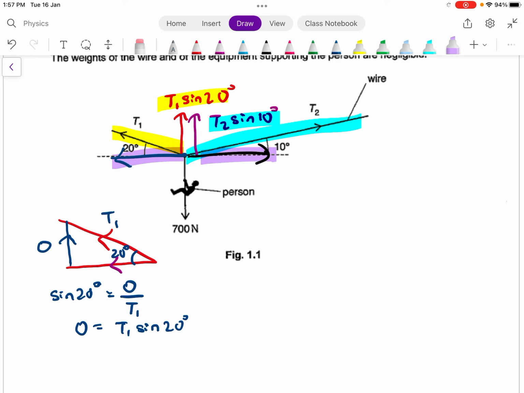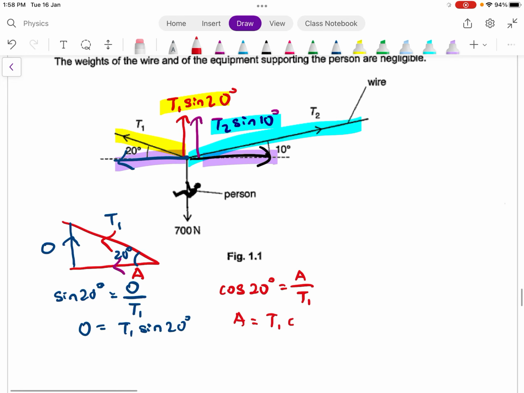So let's determine the horizontal component of your T1. Same thing, you want the adjacent, so this will be cosine. Cosine 20 is equal to adjacent over hypotenuse. So adjacent is equal to T1 cos 20 degrees. Meaning this part will be T1 cos 20.